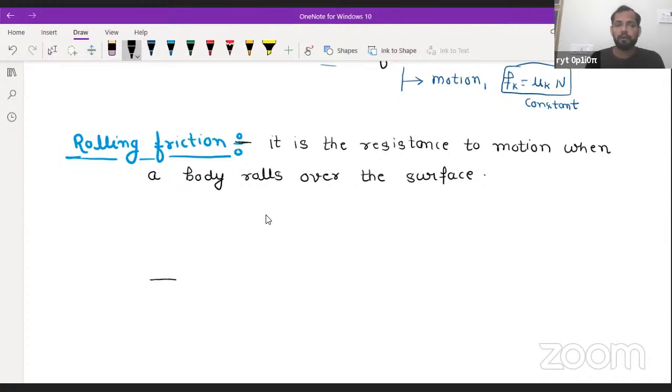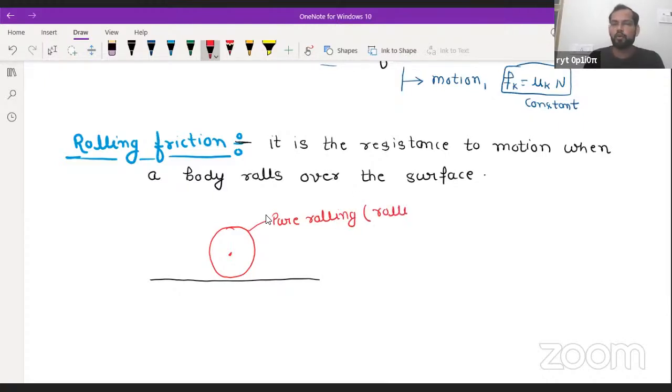So just tell me one answer. For example, let us say there is one surface and our disk is rolling on that surface, and this disk is in pure rolling motion. Pure rolling is, you can say, rolling without slipping.